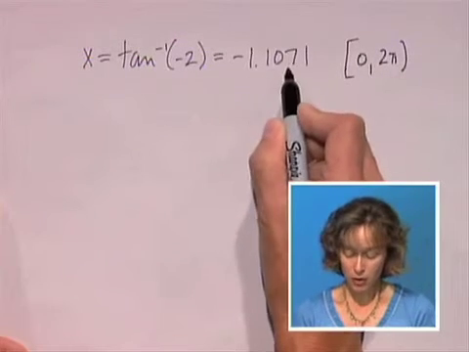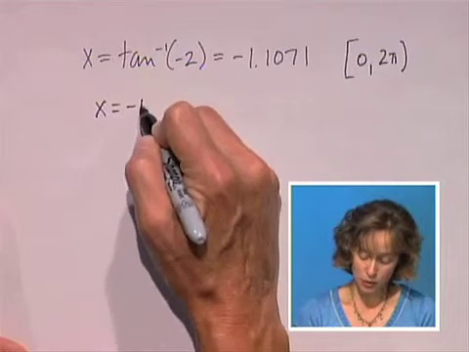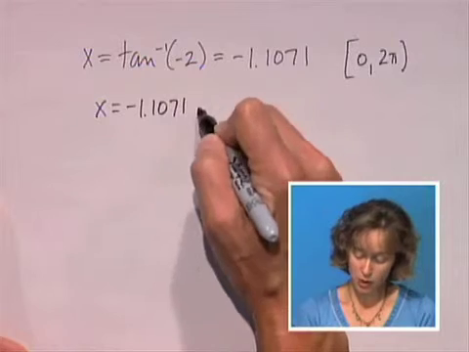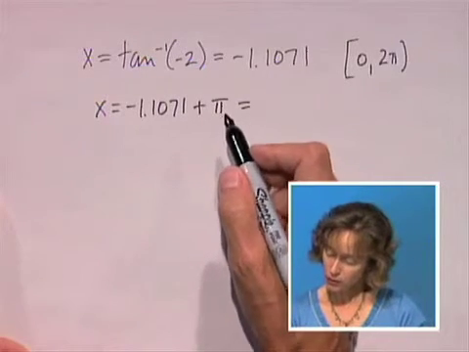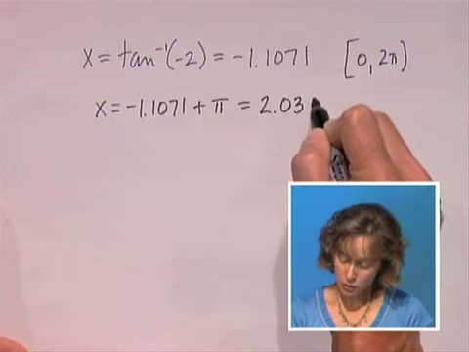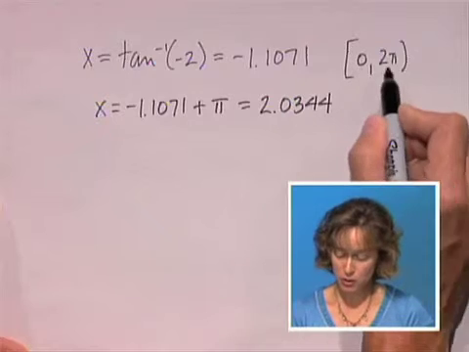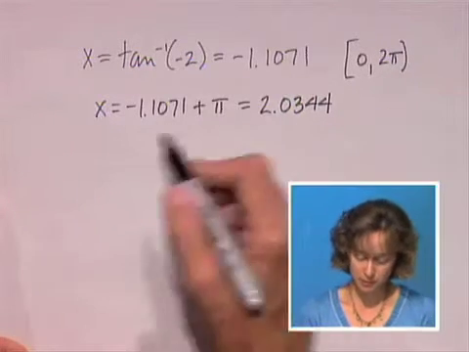To find values that are in the interval 0 to 2 pi, I'm going to take negative 1.1071 and add pi. And with the help of a calculator, if you add pi, you end up with 2.0344, which is between 0 and 2 pi. Recall that 2 pi is about 6.28.